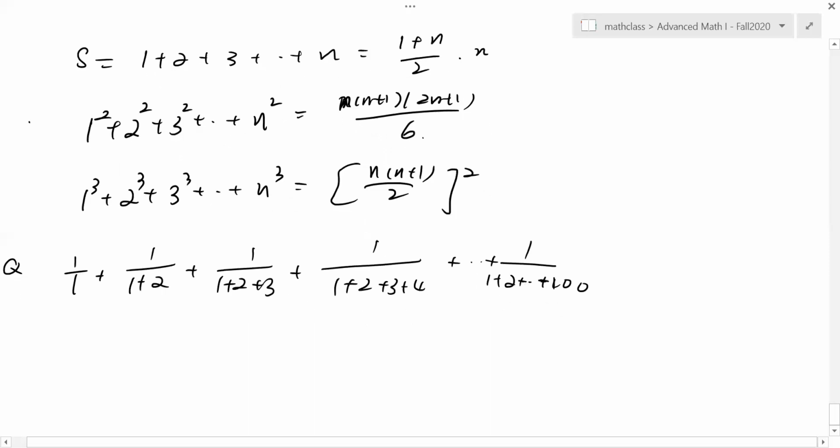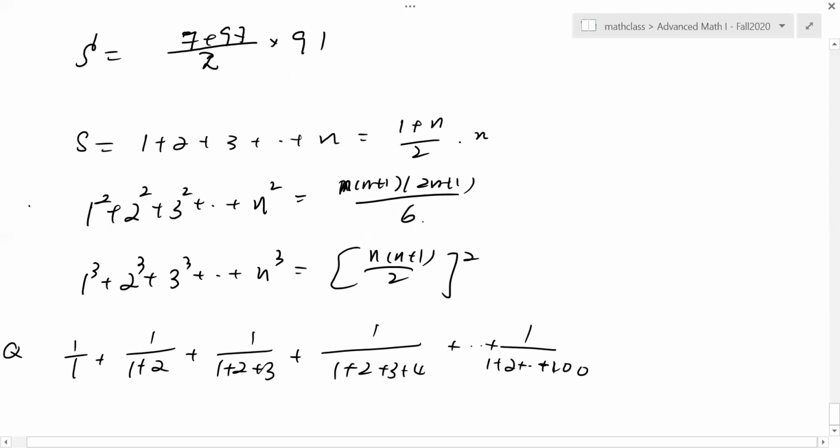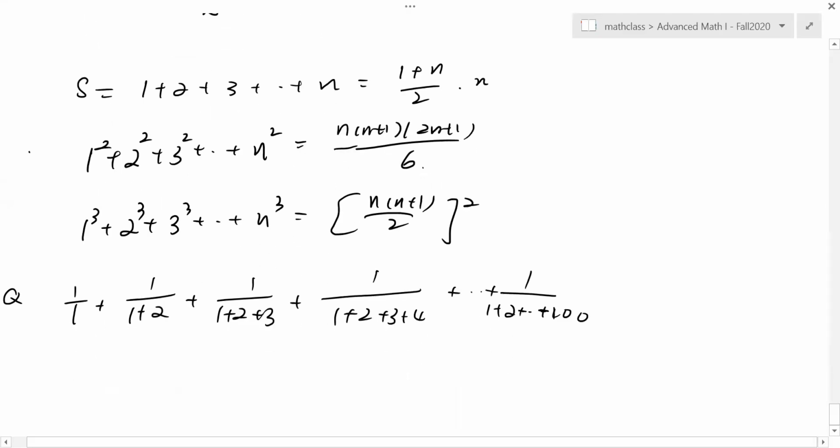All right, so how many terms do we have? 100 terms, all right? So what is the first symbol? This is 1 over 1, plus 1 over 1 plus 2, plus 1 over 1 plus 2 plus 3, and so on.